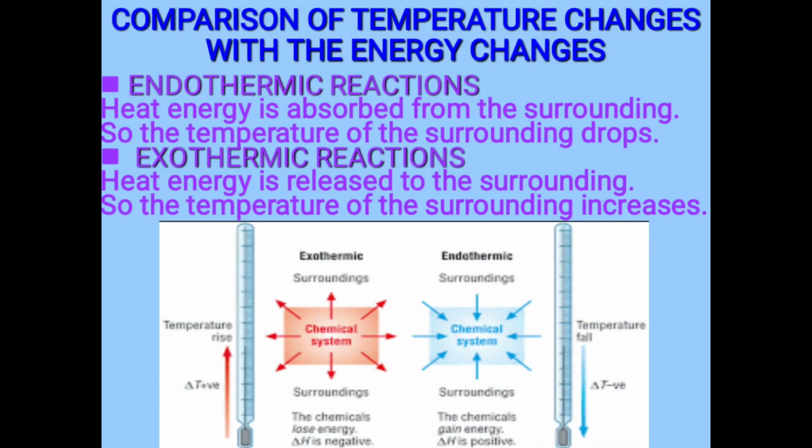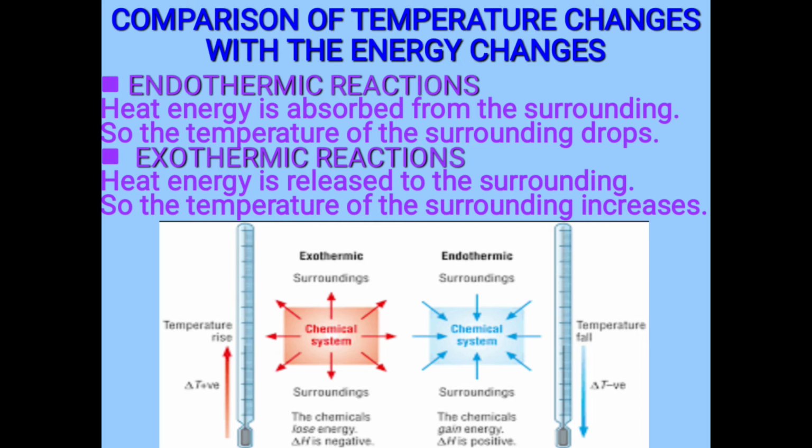Let us try to compare temperature changes with energy changes. If we look at endothermic reactions, heat energy is absorbed from the surrounding, as we have already said. So the temperature of the surrounding is expected to drop. Why does the temperature of the surrounding drop? The temperature of the surrounding only drops simply because temperature is a measure of heat.